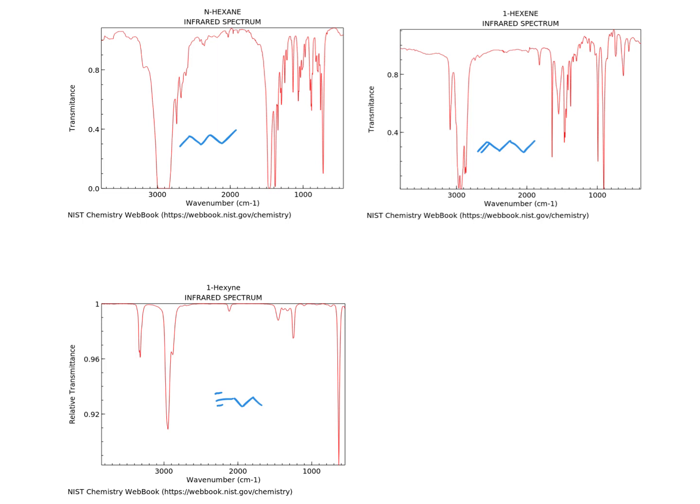I want to show you the difference between single bonds, a compound with a double bond, and a compound with a triple bond. So first we have hexane right here on the top left. Now this is, again, a really intense IR. I'm not used to seeing them quite this intense myself.